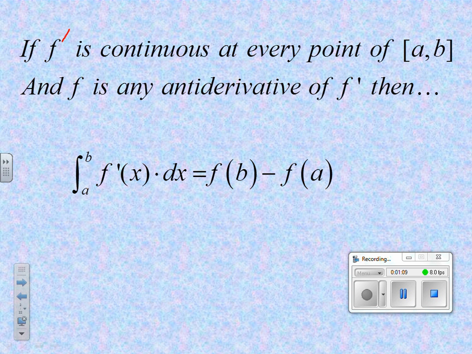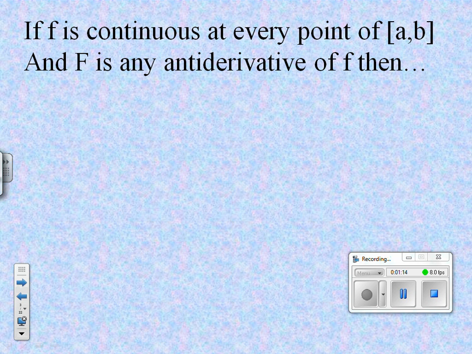Another way that this is written, this is the confusing way that it's often written, they say little f is the function we're going to integrate, and they call its antiderivative capital F instead. So instead of giving it a derivative name, they just say this is some function f who's got a big brother, or an antiderivative, capital F. Do note the continuity is important.